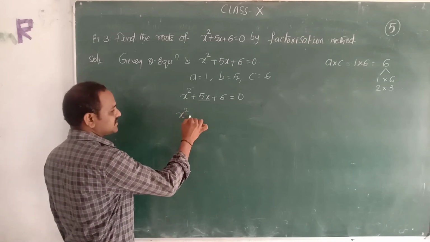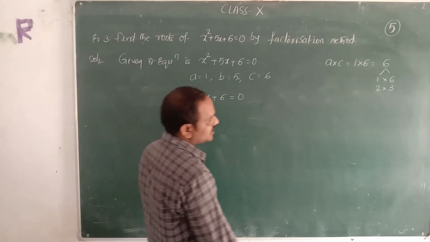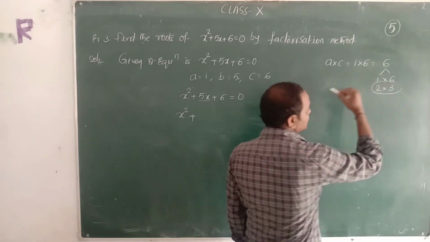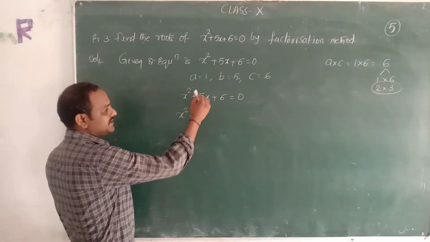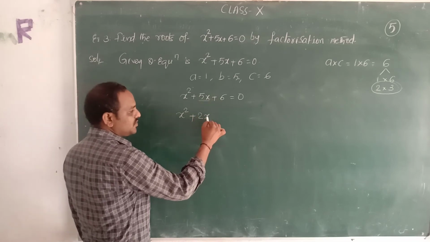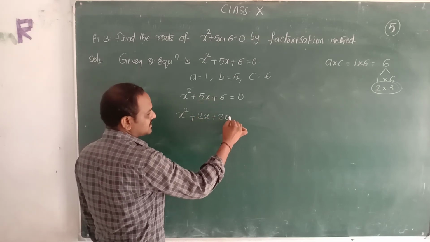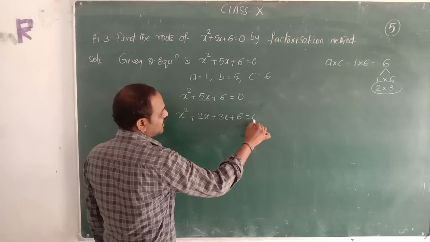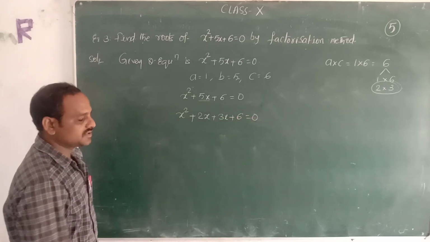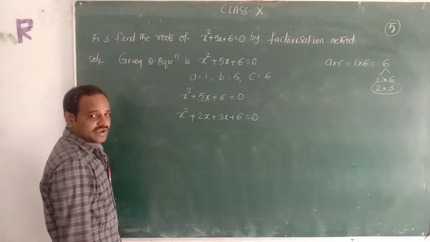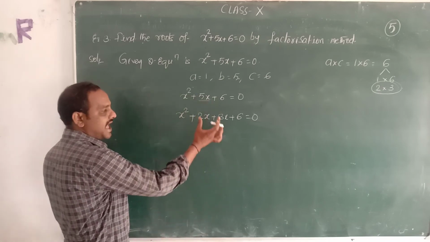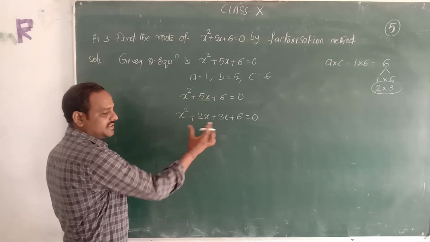That means x square plus 2x plus 3x. How much will we get? 5x. So I am going to write 5x as 2x plus 3x plus 6 is equal to 0. When we add this 2x and 3x, we will get again 5x. That is why we split 5x as 2x and 3x.